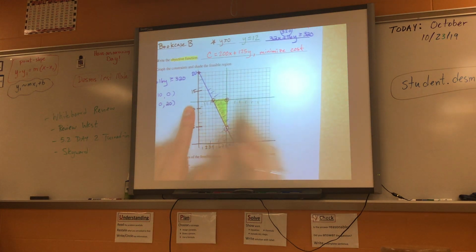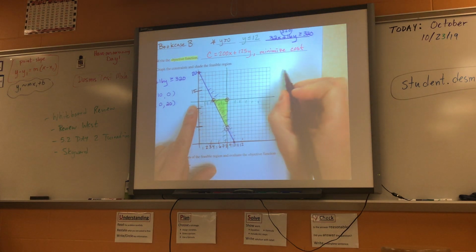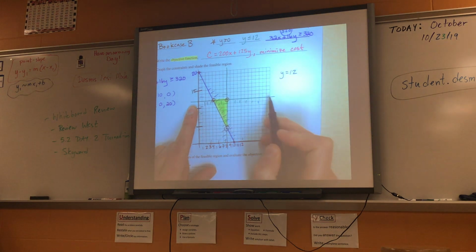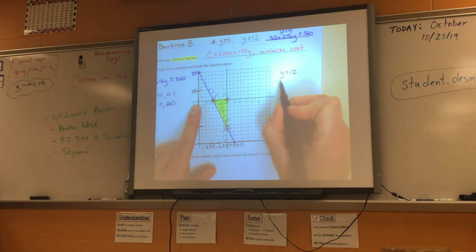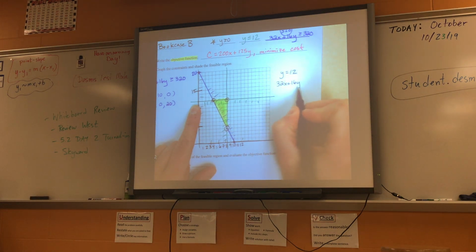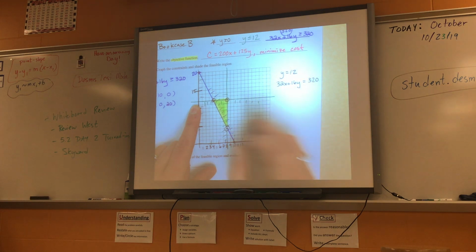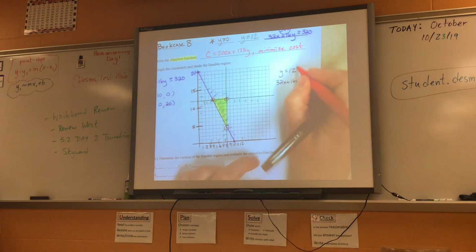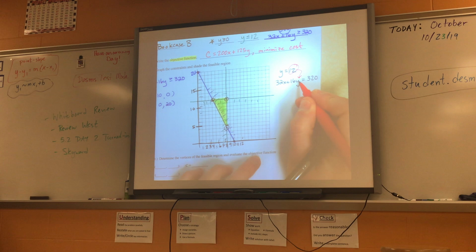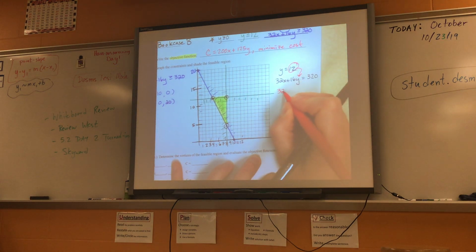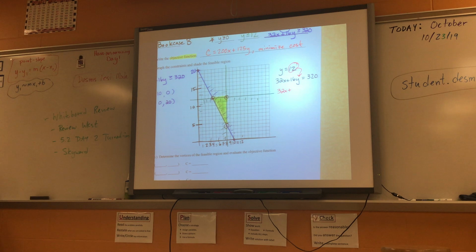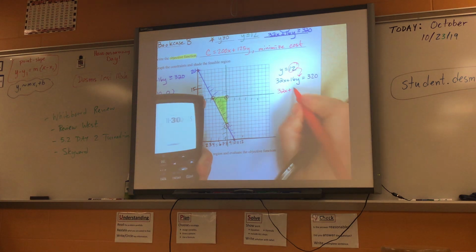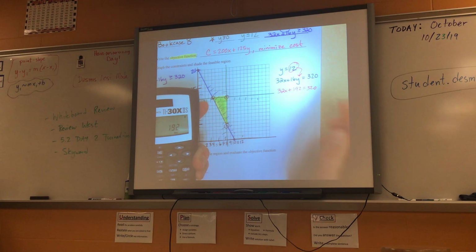So this line right here is y = 12, and I'm just going to change these to equal signs right now. So y = 12 is crossing at this equation, this blue line with this green line. So what I need to do is take this, and in this case I'm going to use substitution. I'm going to substitute it in there. And I'm just going to use my calculator right now and do 16 times 12 and get 192, equals 320.